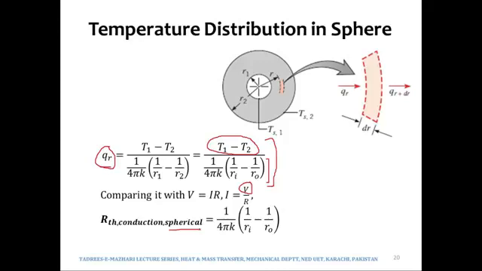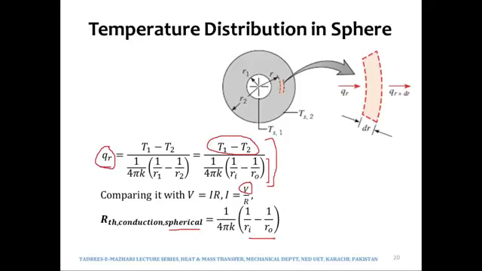See, Ri is less than R0. Inner radius will be less than outer radius. So therefore 1 over Ri would be greater than 1 over R0. So 1 over Ri would come before 1 over outer radius. This is one way just to keep track that 1 over Ri would be written before 1 over R0.